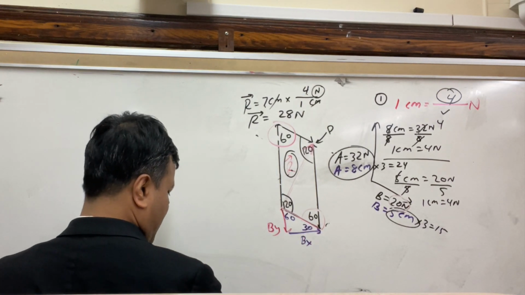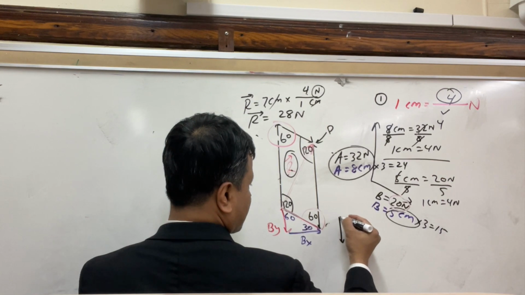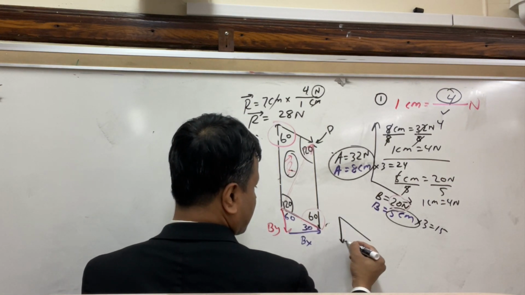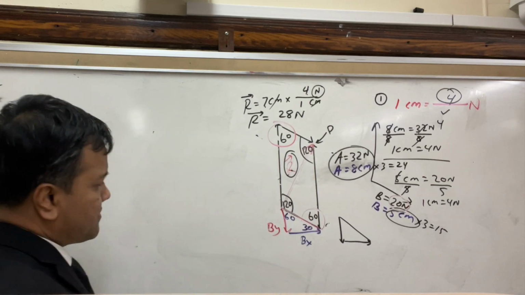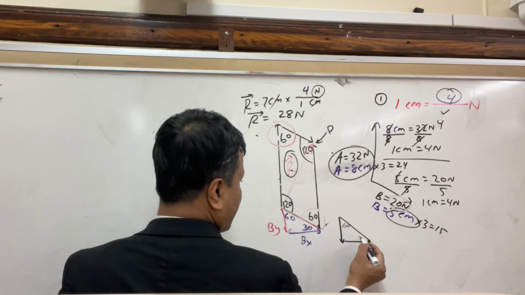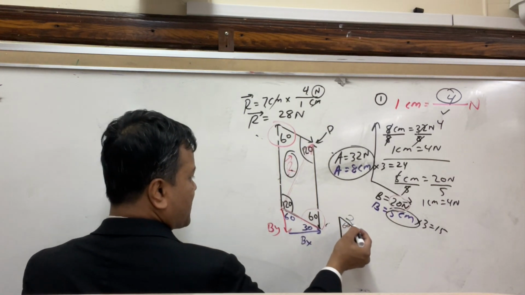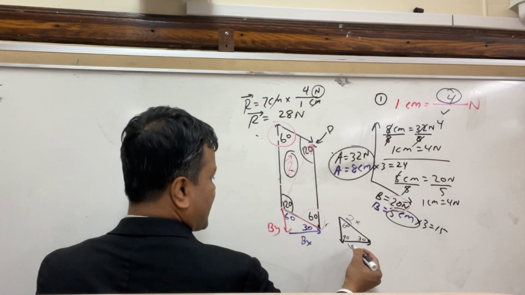All right, so now I'm going to copy and paste. This one is 60 degrees, so I'll write 60. This one is 30 degrees, I'll write 30. This one is 90 degrees, I'll write 90. Opposite to 90 is 2x. Opposite to 60 is x root 3.